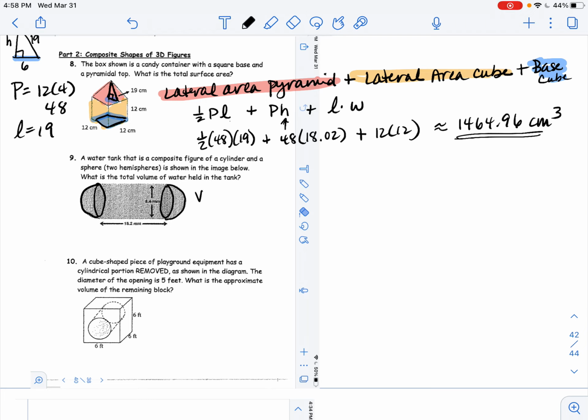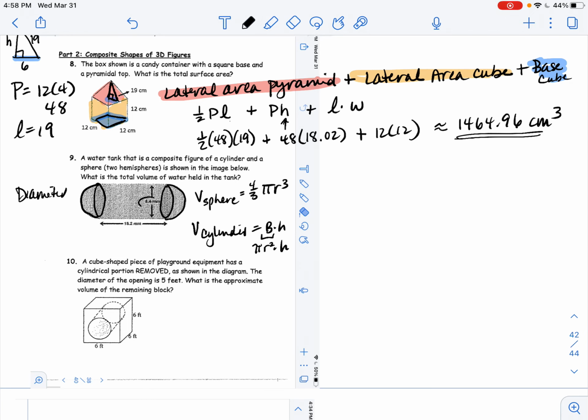So we have the volume of the sphere, which is 4/3 pi r cubed, and we have the volume of a cylinder, which is base times height, and our base is a circle, so that's pi r squared times height. All right, and let me see if I can clear up some of these numbers.